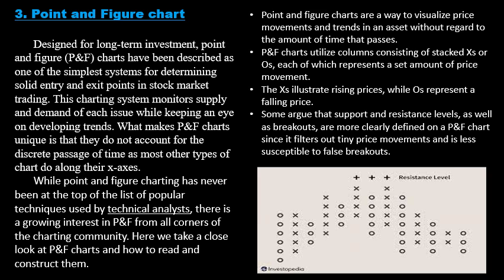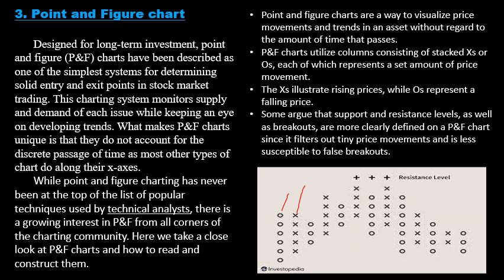A point and figure chart utilizes columns consisting of stacked X's or O's, each of which represents a set amount of price movement. X illustrates a rise in prices, whereas O represents a fall in price. So if you know that, then only you can understand it.